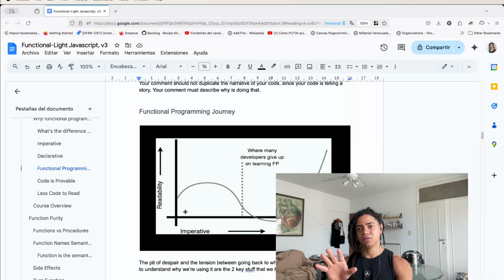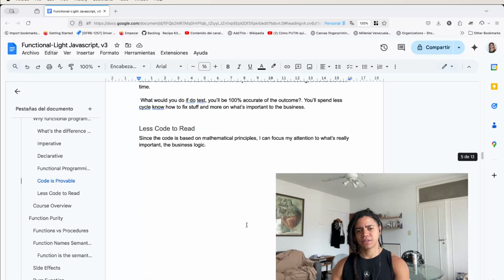By using this, we don't need to guarantee or verify that these things are going to work, because they will, and therefore we can focus on the business logic. That's the entire value proposition. So let's use this mathematical proof to make our code much more readable, and therefore easier to maintain, debug, and fix. Period.